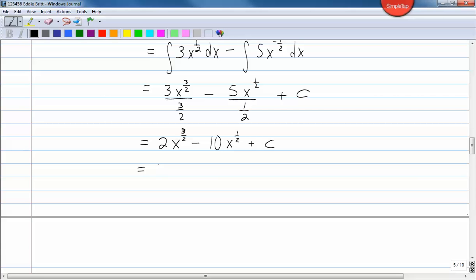So it looks like I can factor a 2 out, and then you can factor out the smallest power, which is going to be x to the 1/2. So what would that leave me here? X to the first, because 1 plus 1/2 would be 3/2, minus 5, and of course I did not factor out of this plus c. It just stays on the end like that. So in my mind, the most correct answer would be 2 times the square root of x times x minus 5 plus c.